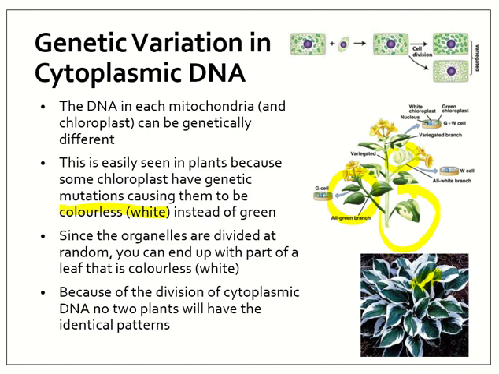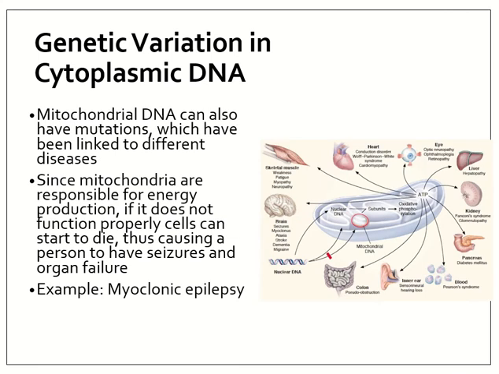And so that's why no two plants will have identical patterning, because it's constantly based on how the organelles get split in the process of mitosis. In humans, when there's a mutation in the mitochondrial DNA, that usually leads to some sort of disorder, because the mitochondria is making energy, in the form of what's called ATP here in the middle.